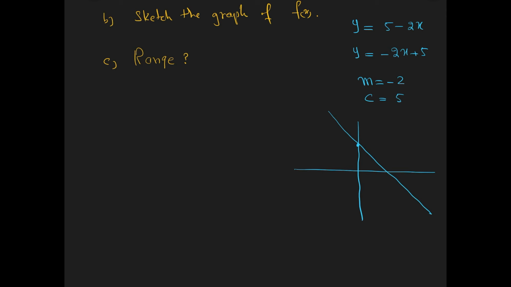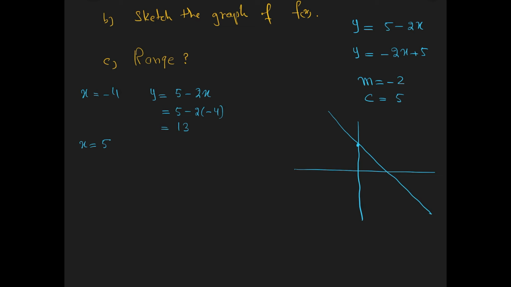Now we need to work out the range of the function, and the range can easily be worked out from its domain. The minimum value in the domain is minus 4 and the maximum value in the domain is 5. So our function is y is equal to 5 minus 2x, inserting the value, 5 minus 2 into minus 4, which gives us 5 plus 8, which is 13.